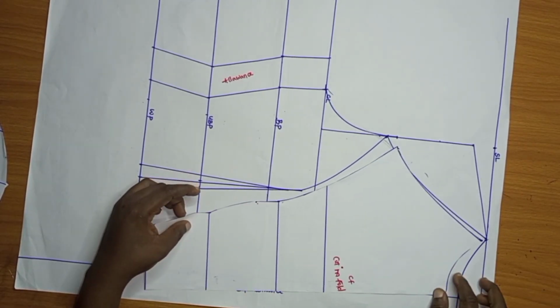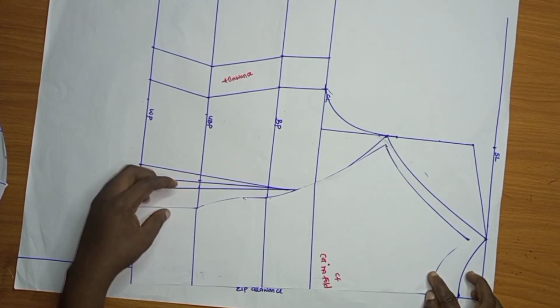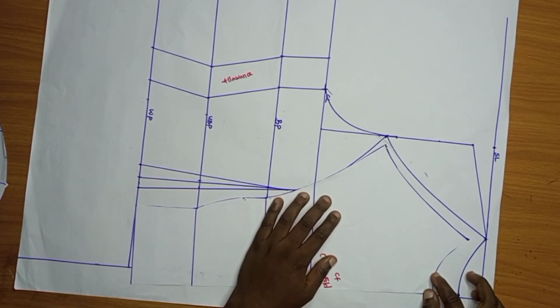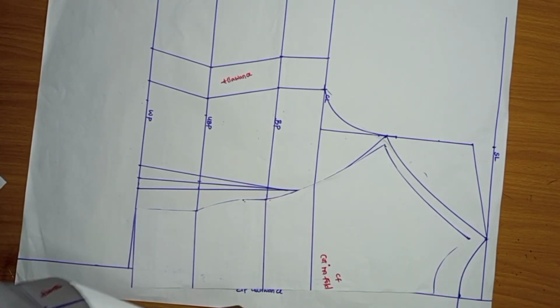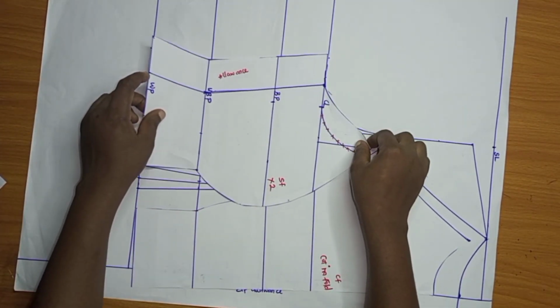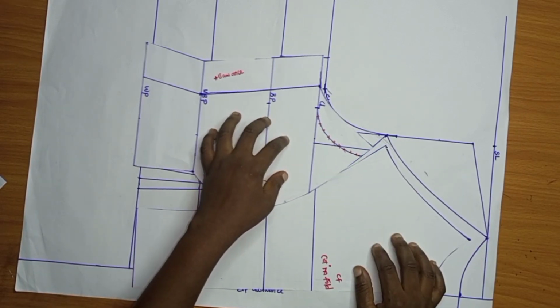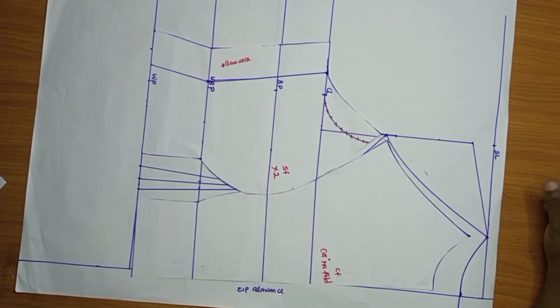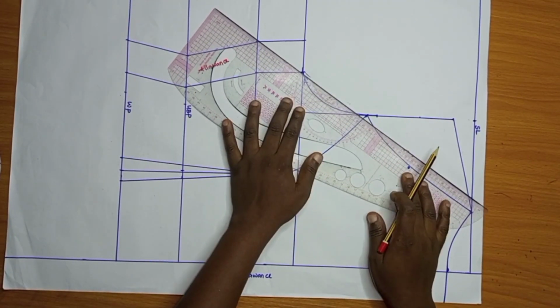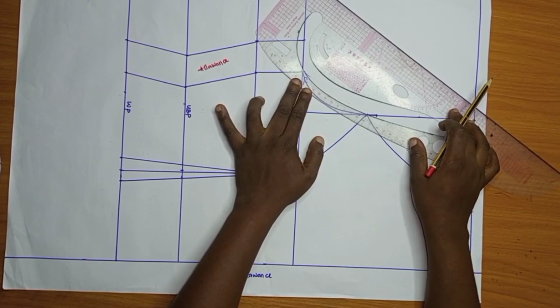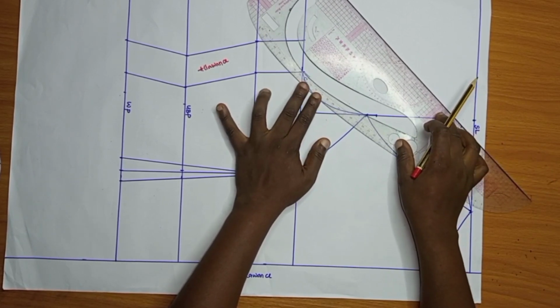So now I'm going to be placing the front pattern paper on the back pattern to make sure I have the same shape of that outer neck. Now I'm going to be placing the center front of my front pattern on my back pattern paper. Now after doing that, I'm just going to go ahead and connect my armhole area this way.